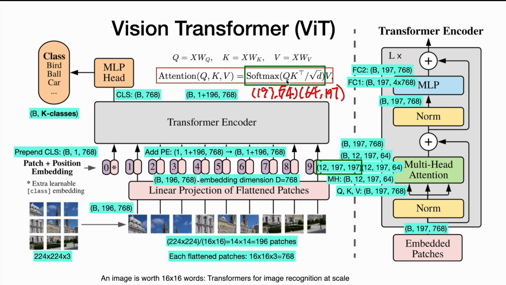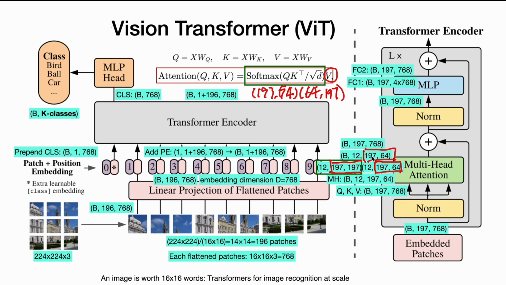If we multiply these two matrices together, we get 197 by 197. Then we need to multiply with the V value. The value has this dimension. If we multiply these two matrices together, we basically get this dimension. So this is the attention calculation.